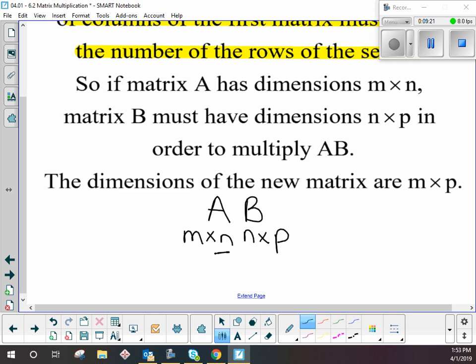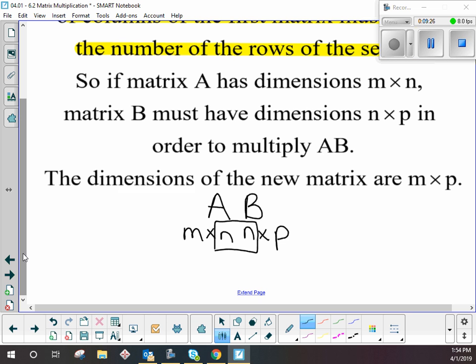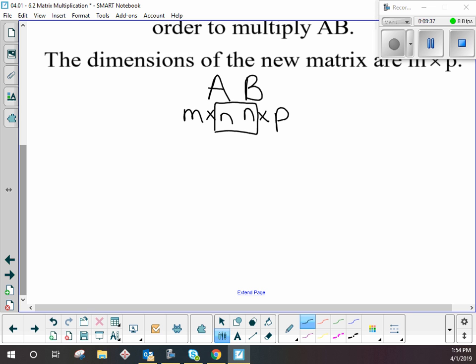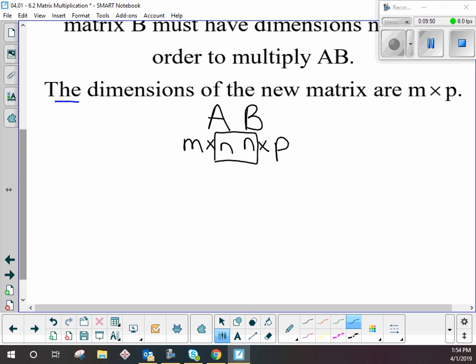So every time you're setting up a matrix multiplication problem, when I show you an example, this is what I'm going to be doing. Before I do any math at all, I'm going to put their dimensions side by side and see if these two things are the same or not. It's just a little short visual to help you remember what to do. This is saying that the columns here have to equal the rows here. And then there's this other nifty little thing: the dimensions of the new matrix.